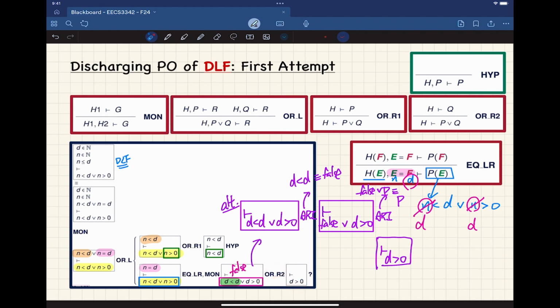The initial proof about deadlock freedom will lead us to D larger than 0. This turns out to be unprovable because I simply have no other hypothesis to really support this.